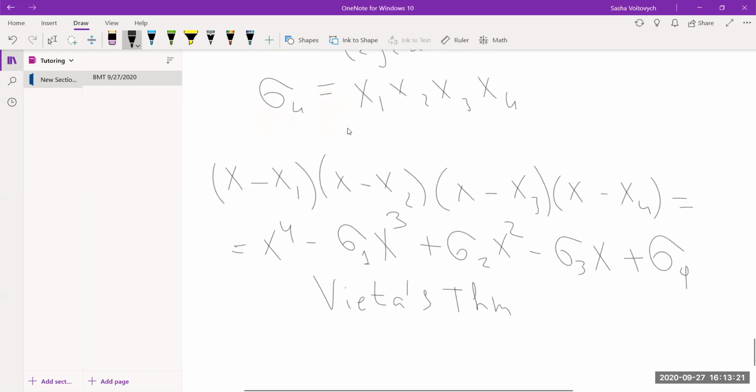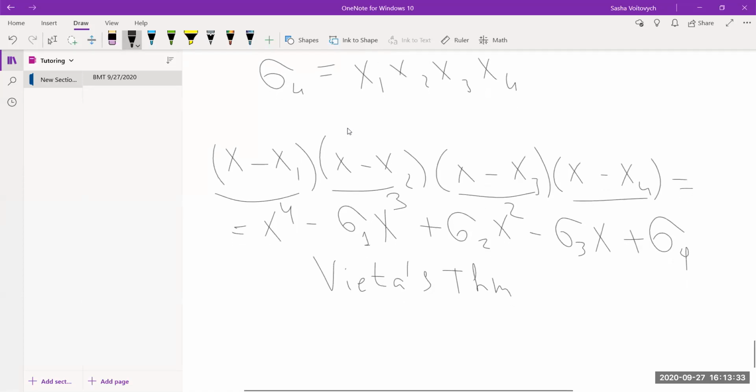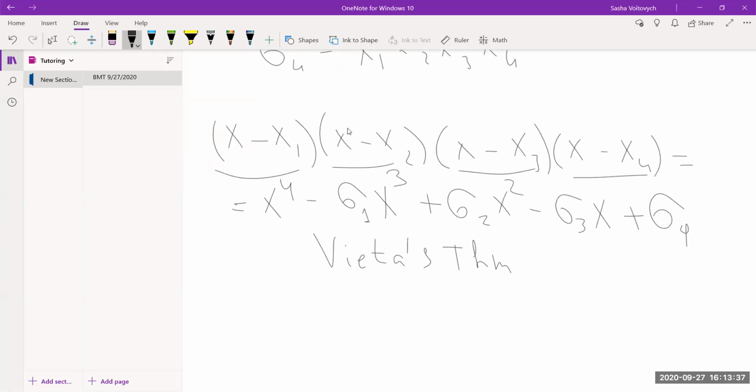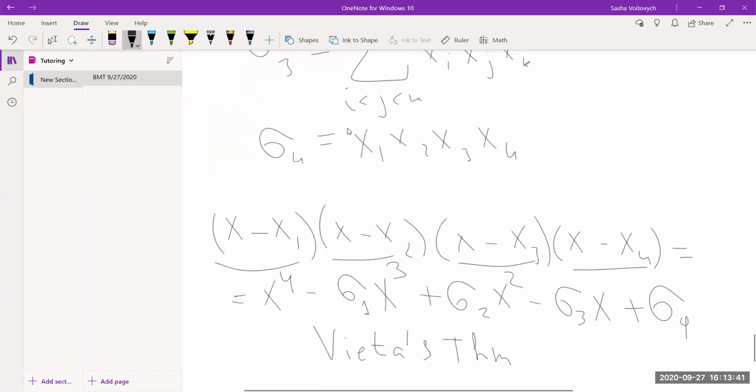Yeah, but you can just open all brackets, and this is the observation. This is a conclusion that we get. All right, so how is this helpful in our case?